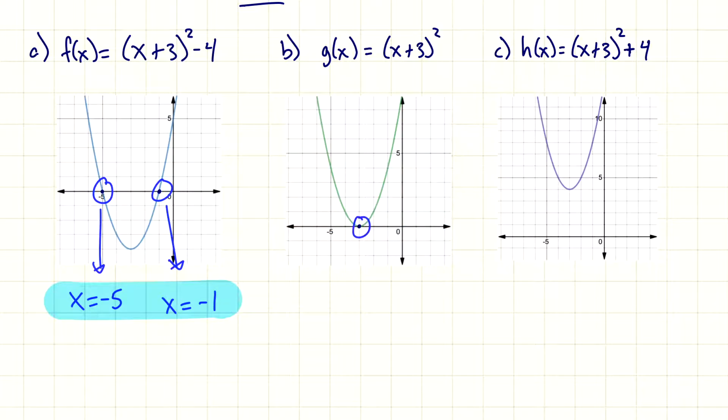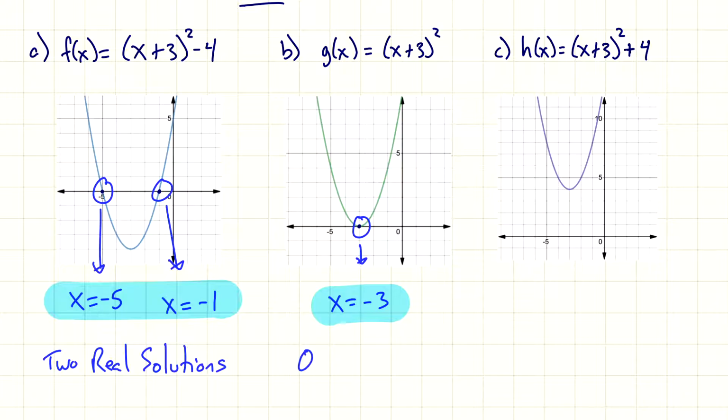There's this one point, and this is at x equals, 1, 2, 3, -3. So there are two real solutions, -5 and -1, for the first one. This one has one real solution.